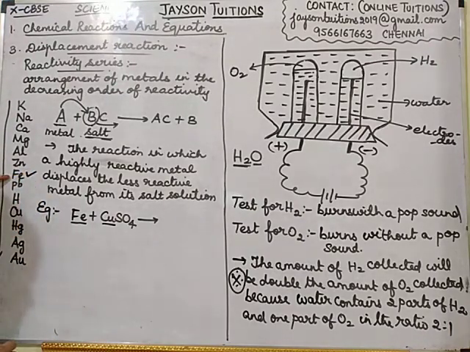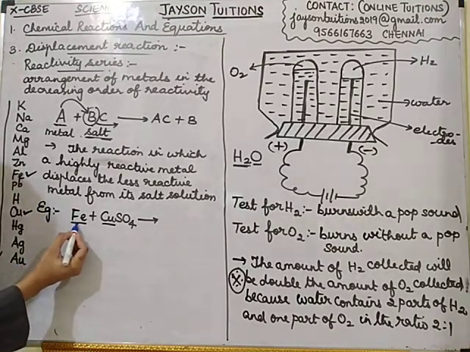Iron is more reactive and copper is less reactive, because in the reactivity series iron comes first.